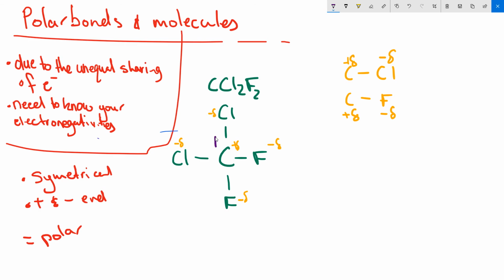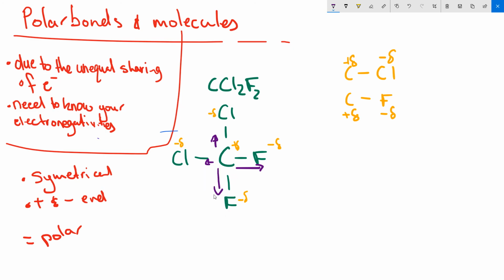So when we actually draw our dipole moments, we do have an arrow going that way because it's going from carbon to chlorine. But because the carbon to fluorine bond is a lot stronger, we can represent that by a larger arrow.